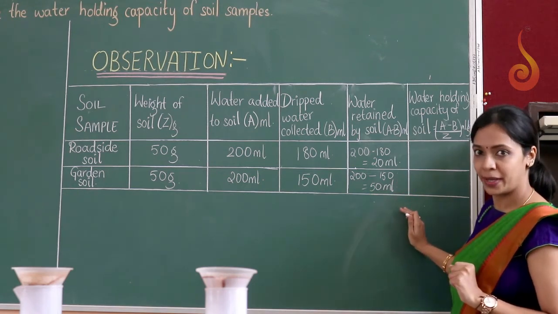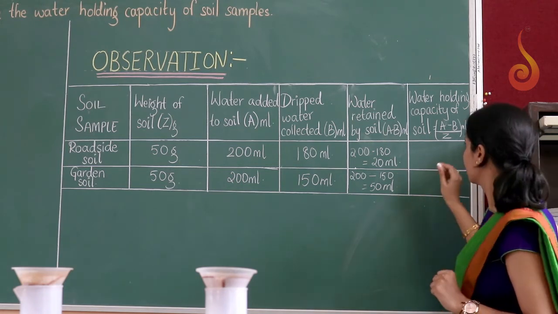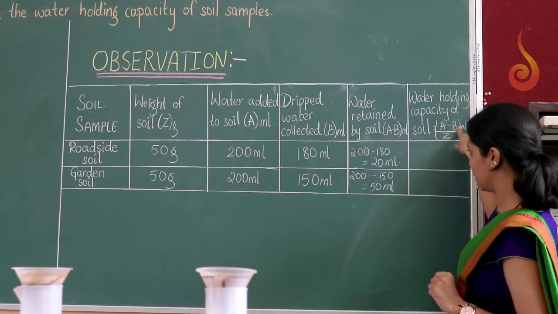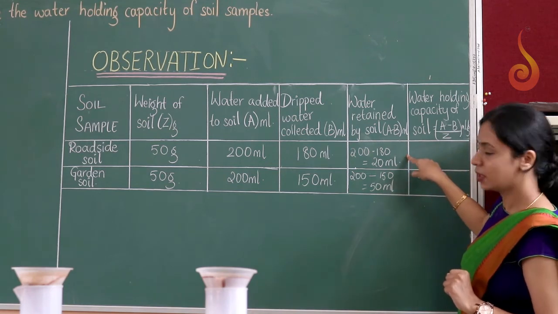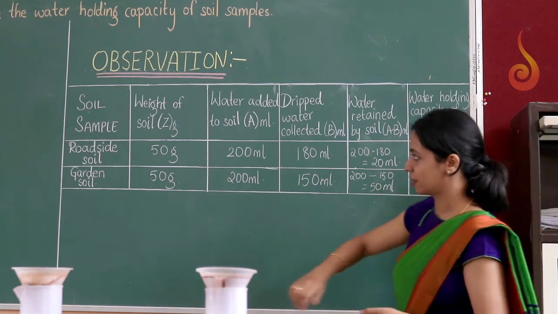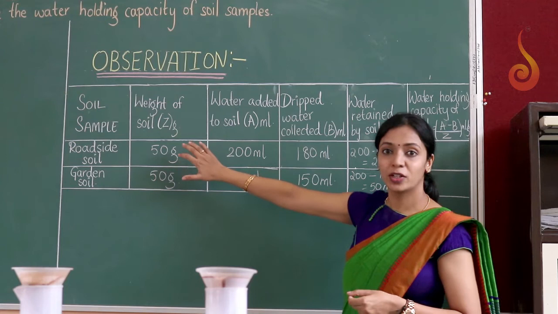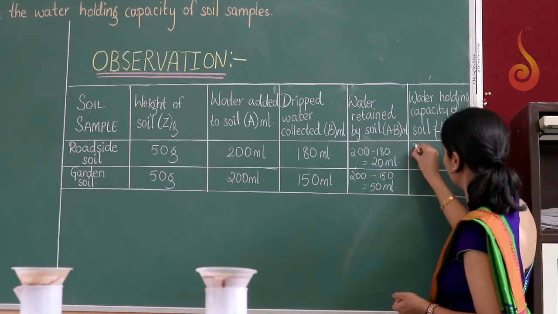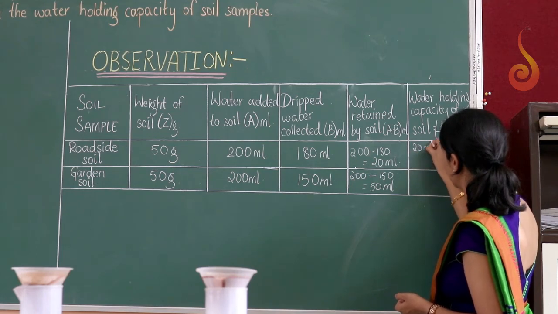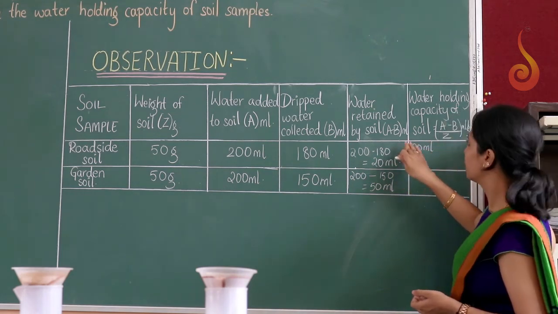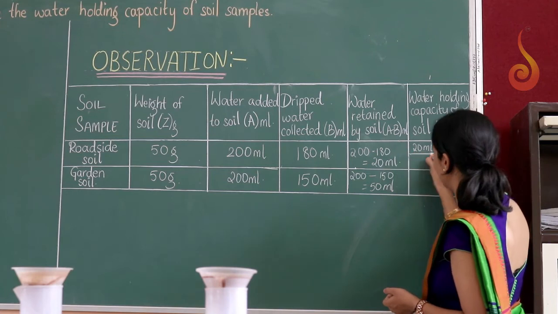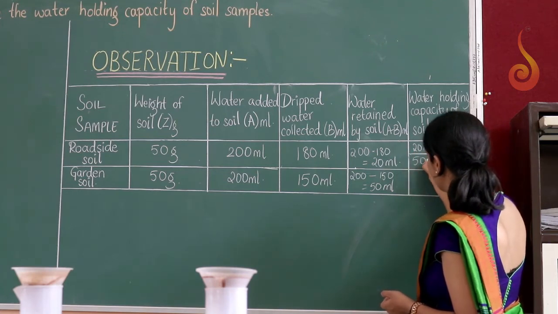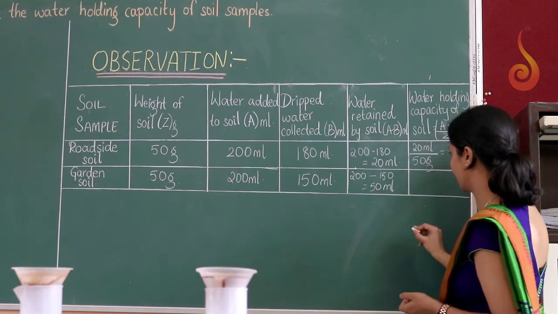In order to determine the water holding capacity, the formula is A minus B, this volume, divided by Z, which is the weight of the soil we had started with. So here it is going to be 20 ml, which is the water retained by the soil, divided by 50 grams, which is the weight of the soil.